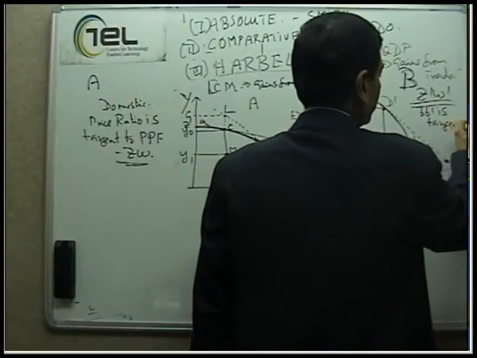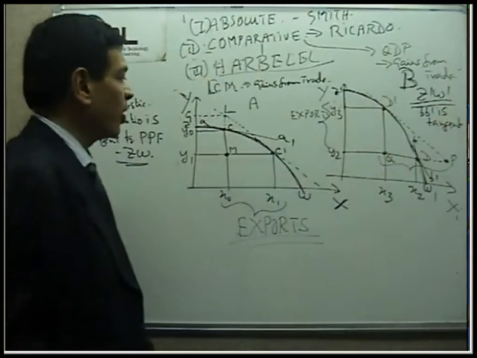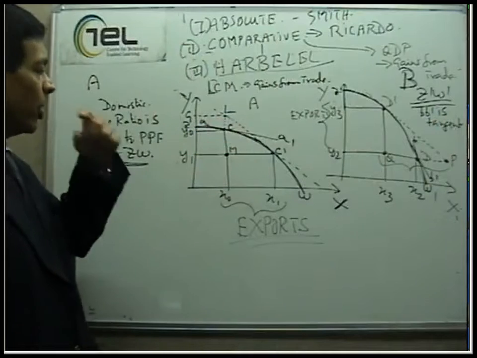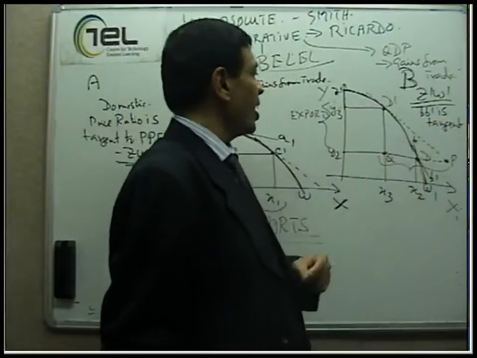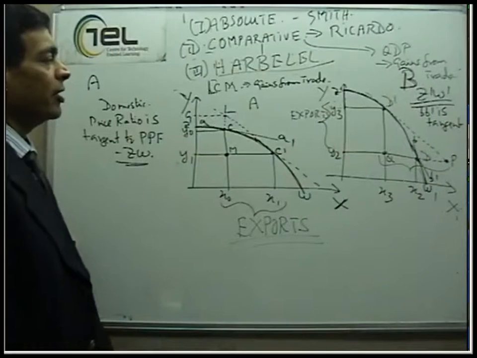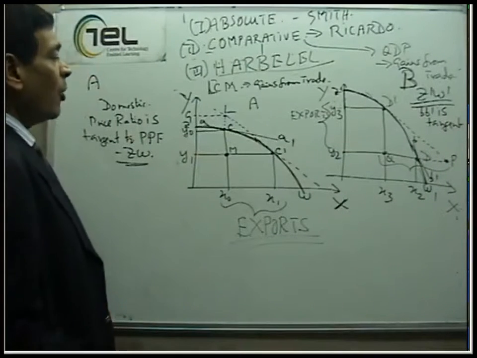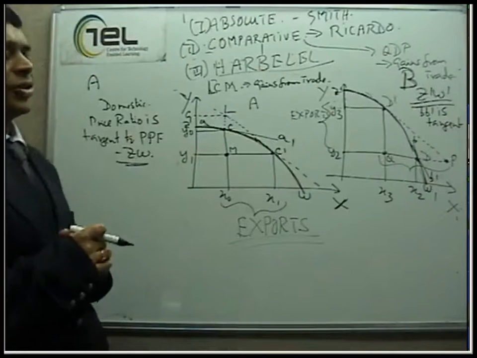So these are the two tangency conditions where you have the equilibrium. In country A, the equilibrium is at point C, and for country B, the equilibrium point is at point D. Now what happens is, trade commences between the two nations.